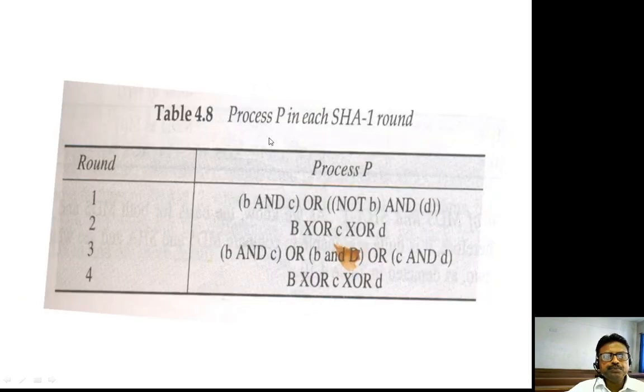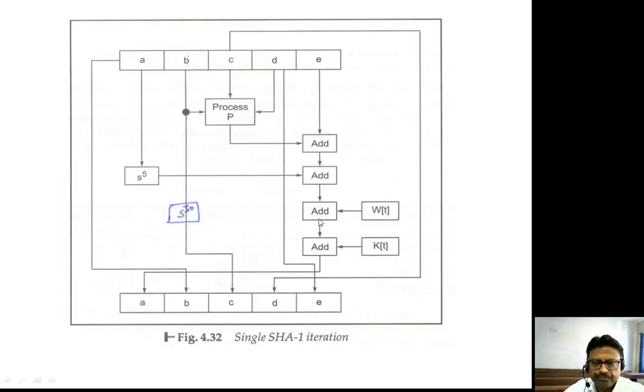In MD5, we had 4 different processes, one for each round. Similarly, in SHA1, we also have 4 processes, and individual rounds will do the processing based on these process equations.